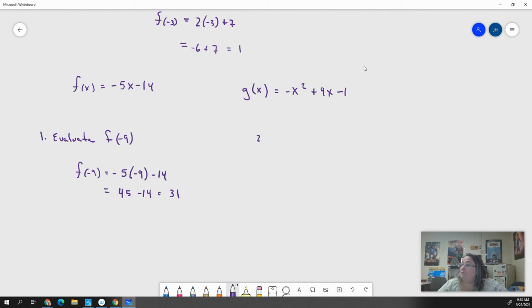I could be asked to evaluate g of -7. This is an important one when you think about it, because if I don't put this in the parentheses, I have a negative right here on the x.